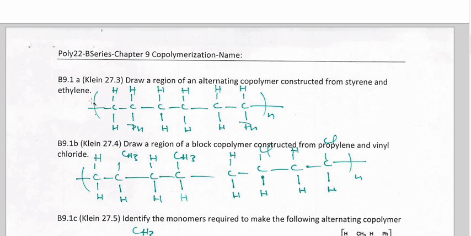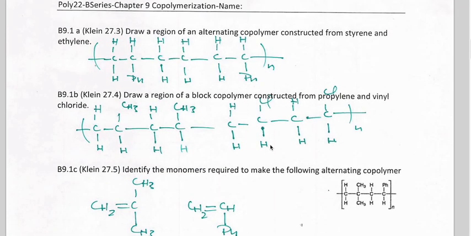We start with the styrene, and then we put the ethylene in, and then we follow that by the styrene. So again, repeating units require alternating copolymers.